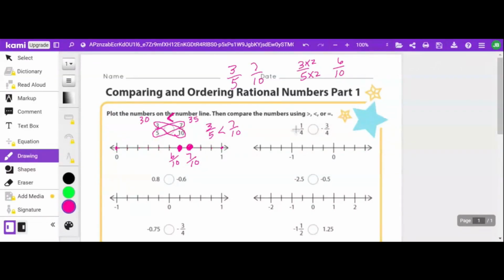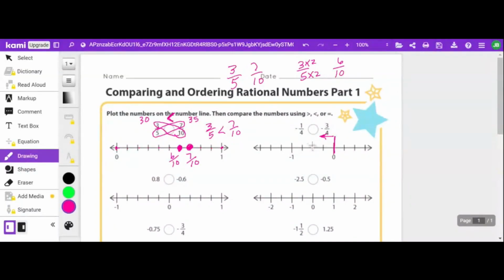All right, for this next one, this time we've got negatives. So that means we're going to be on the left side of the number line from 0. Here's 0, so we're going to be on the left side. So negative 1/4, this number line is marked off in fourths, and I know that because I can count 1, 2, 3, 4 until I get to negative 1.